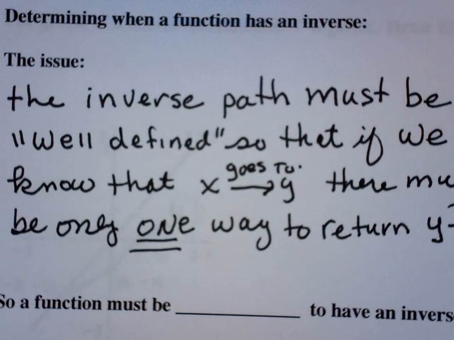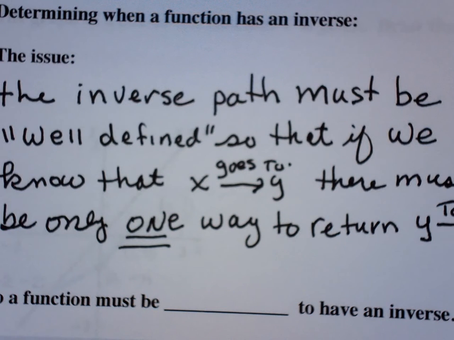The inverse path must be well defined so that if we know that x goes to y, there must be only one way to return y to x.